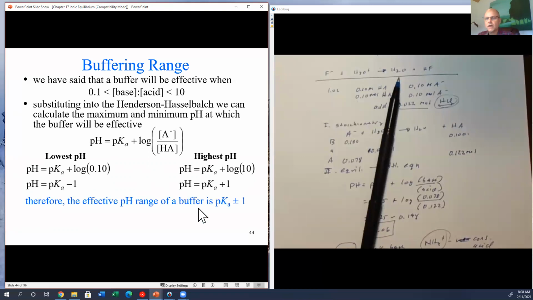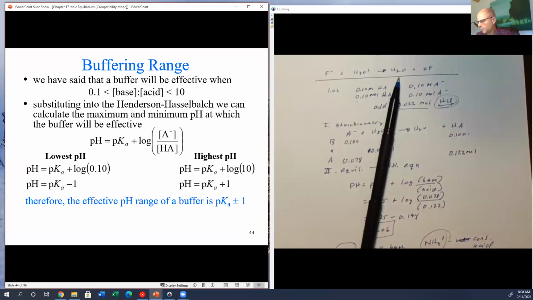So therefore, if you have a buffering system with a particular pKa, you can adjust the concentrations of the two components to achieve a pH range plus or minus 1 pH unit on either side of pKa.